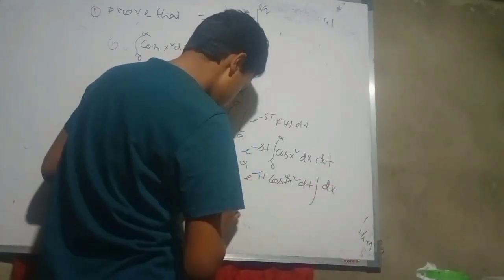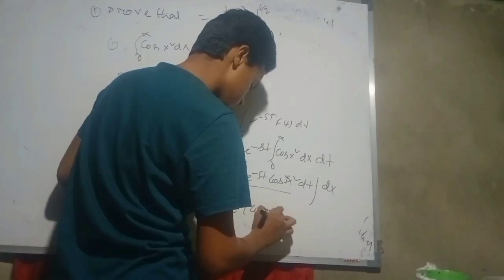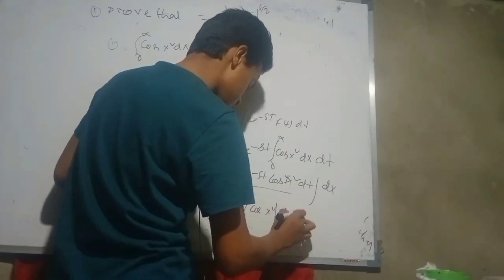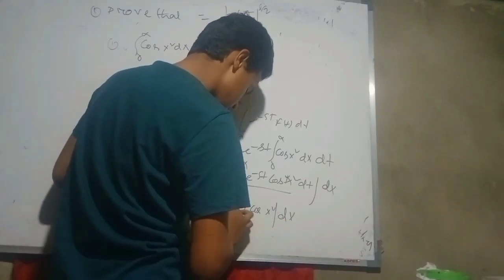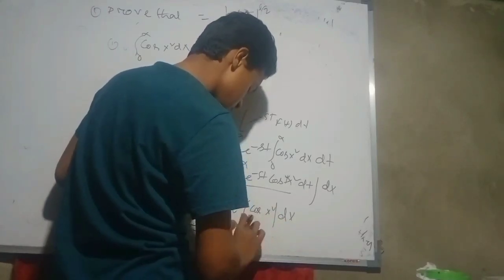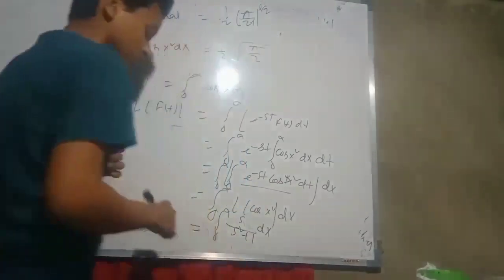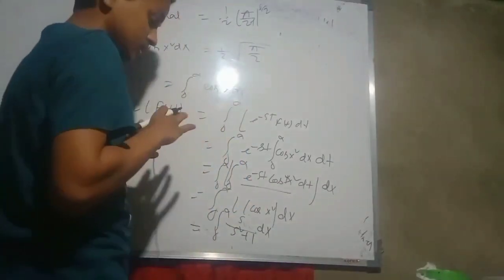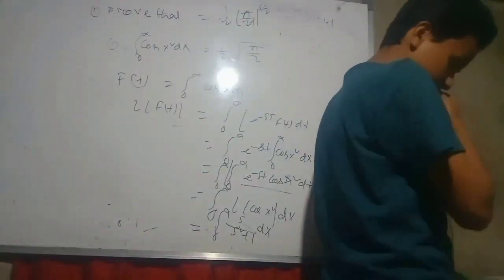This is nothing but the Laplace transform of cos x square. When we find it, it gives us s upon s square plus 1 into dx.